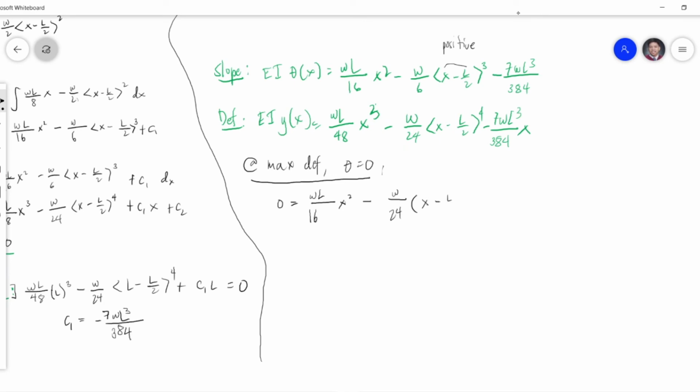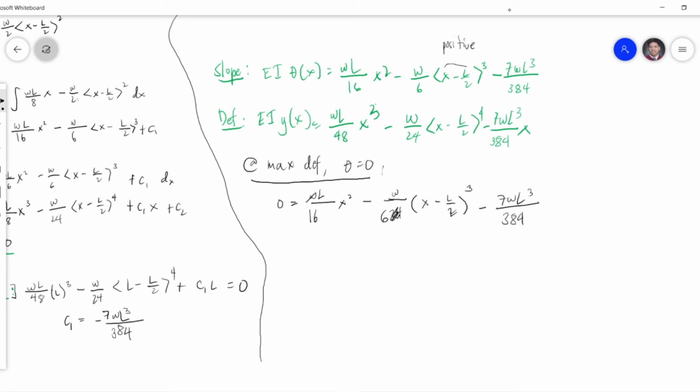Hindi na natin gagawing Macaulay brackets dahil lagi naman siyang positive. So, yan. Or cube pala ito. This is omega over 6 times x minus L over 2 cube minus 7 omega L cube over 384.